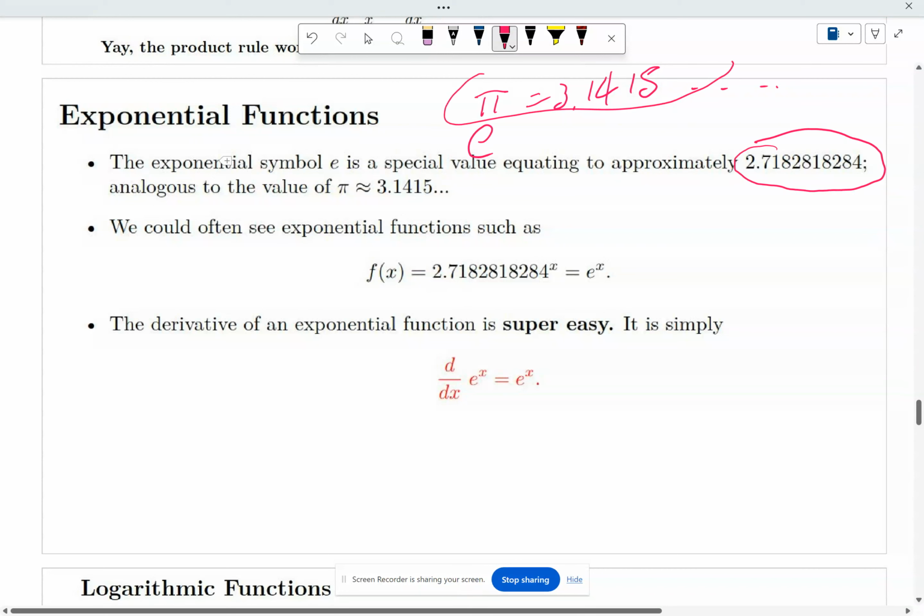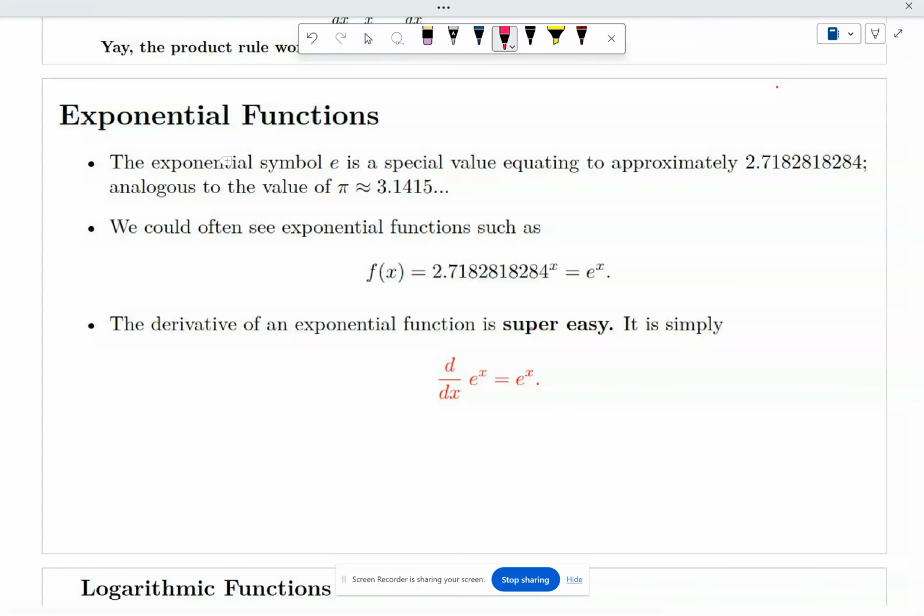So these are like magical numbers that just exist in mathematics. And we often end up seeing exponential functions. An exponential function looks like this, where f of x is e to the x. Okay? E to the x. So it's to the power of x.